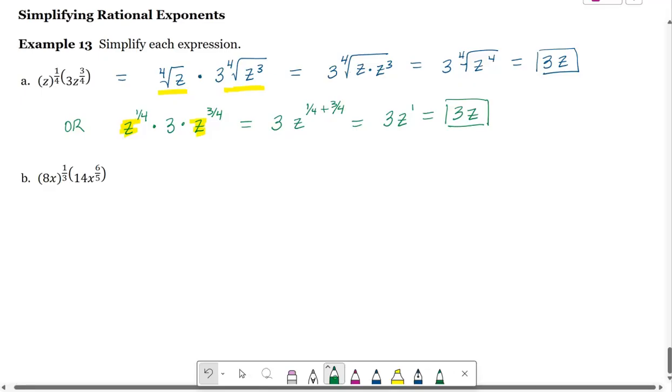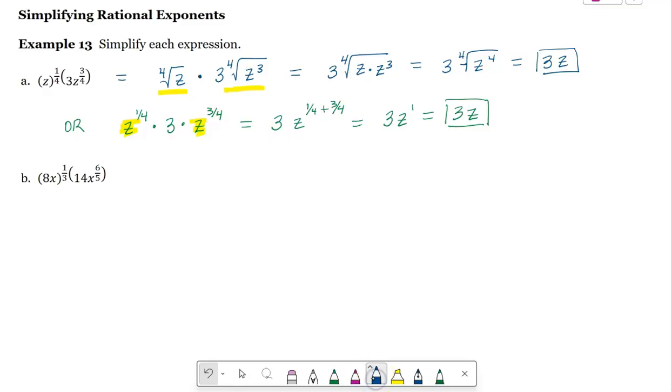Let's look at example B. I've got 1/3 and it's acting on both the 8 and the x. So let's tackle that part first. 8x to the 1/3 is the same as the cube root of 8x.